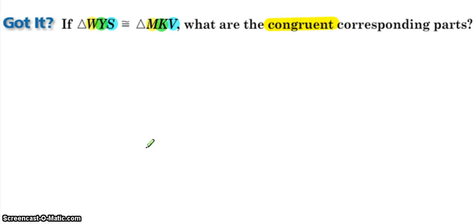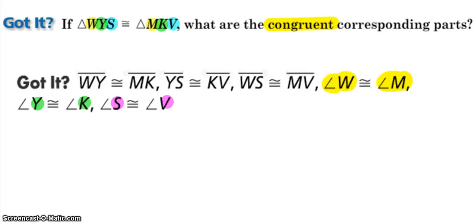So you want all congruent angles and all congruent sides. When we list out the whole thing, I often at least think of my angles first, because I can easily see it just by looking at my first angle to my first one, my second to my second, and likewise my third to my third. So you see all those angle pairs listed here, and then I like to just go one at a time.